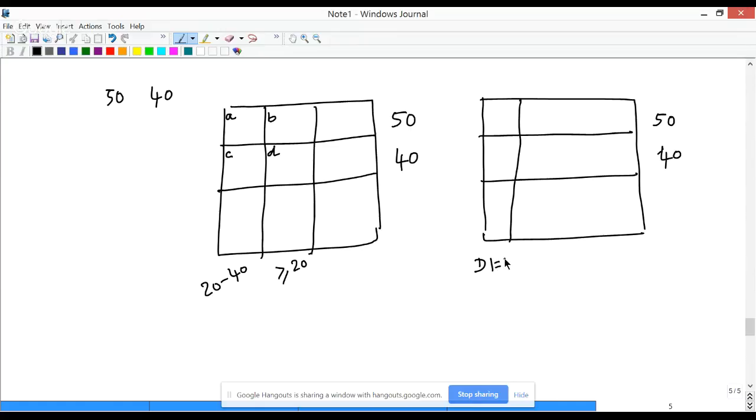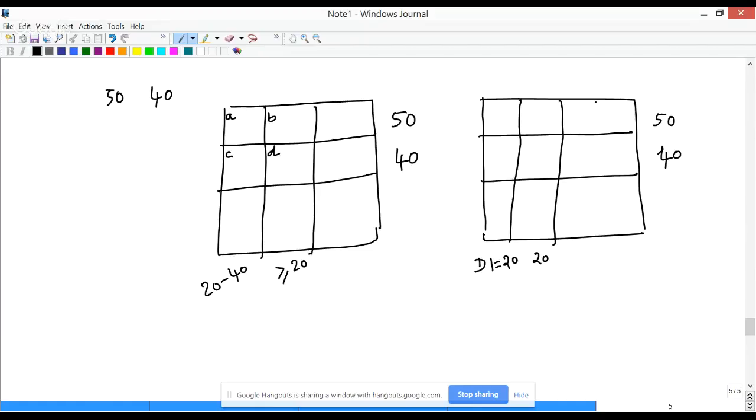Therefore I fix this demand equal to 20, the minimum that I have to give this person. I also define another D1, which is the extra that I give to this person, and this extra can be 20, because this person wants 20 to 40. So the minimum commitment is 20, and the extra this person can take is 20.